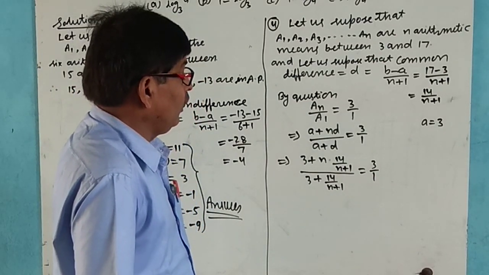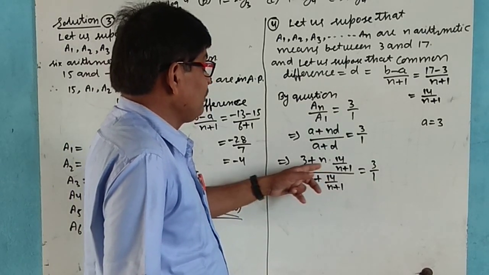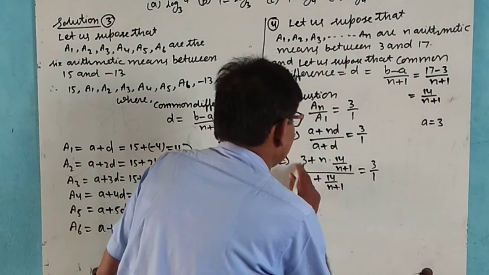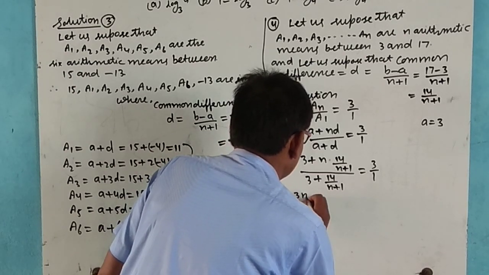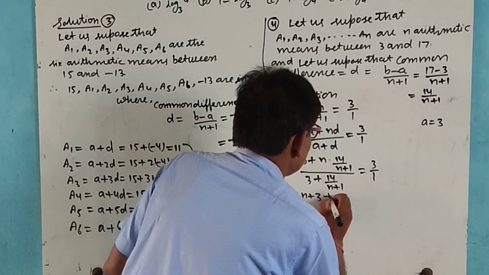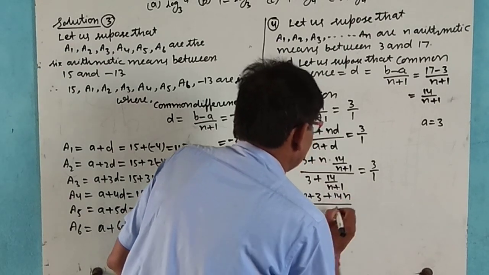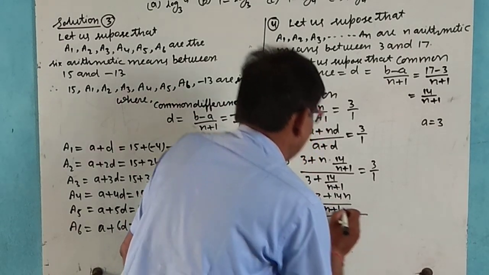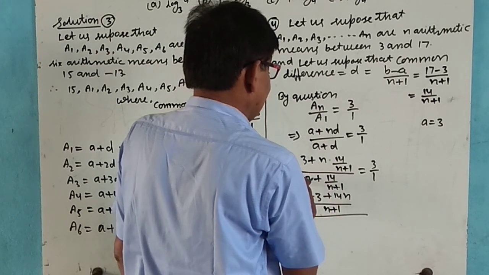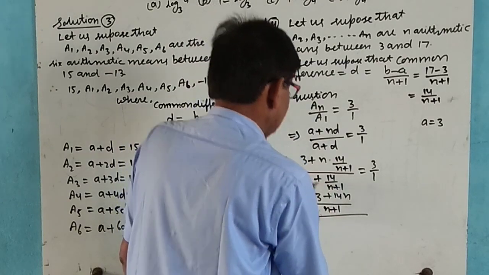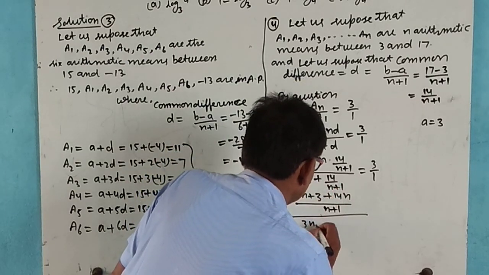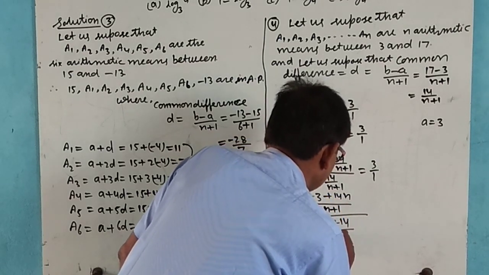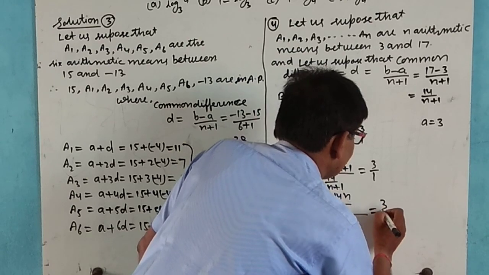Now if you take the LCM and multiply, we get 3n plus 3 plus 14n divided by n plus 1, and also divided by 3n plus 3 plus 14 divided by n plus 1, equal to 3 by 1.